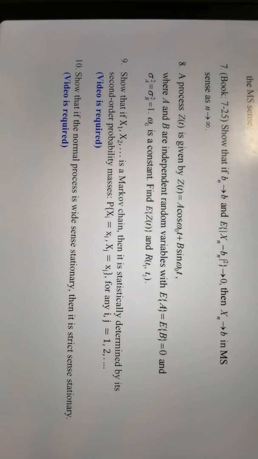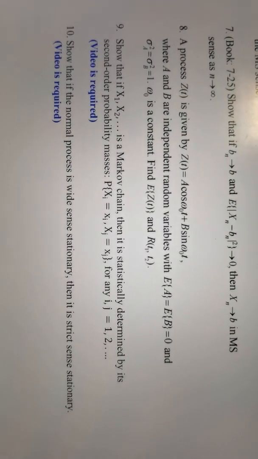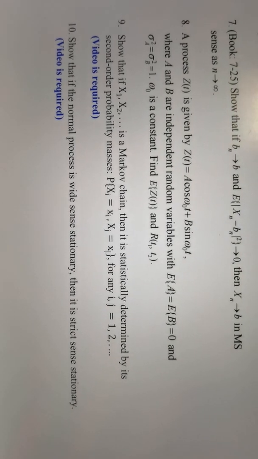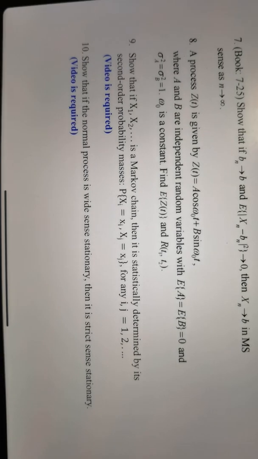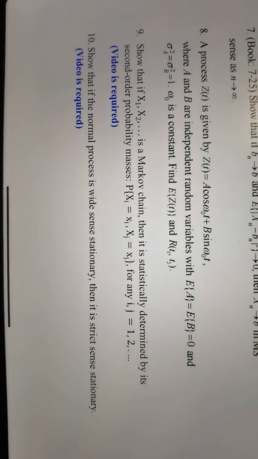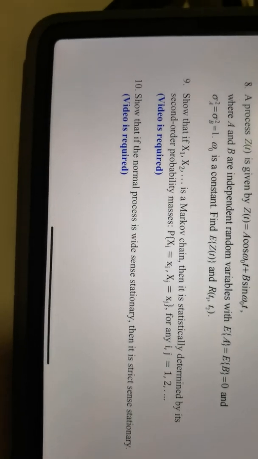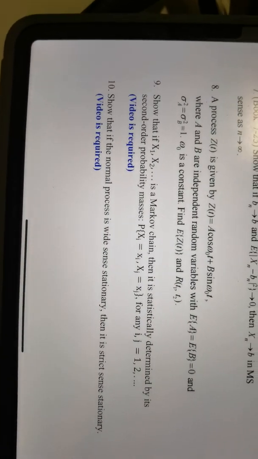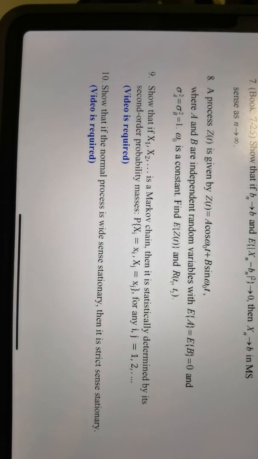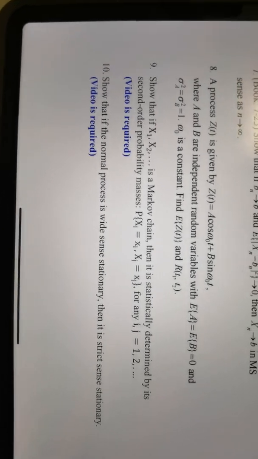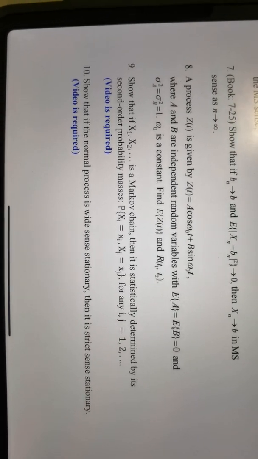It will vary at the first several times, then it will be stable in the future, or in the end. So we can see that it is statistically determined by a second-order probability mass, because the probability will become stable at last.